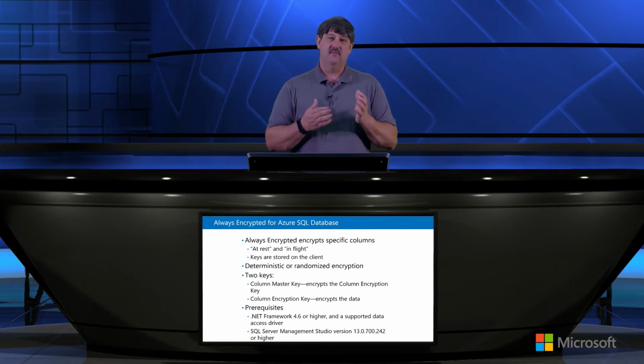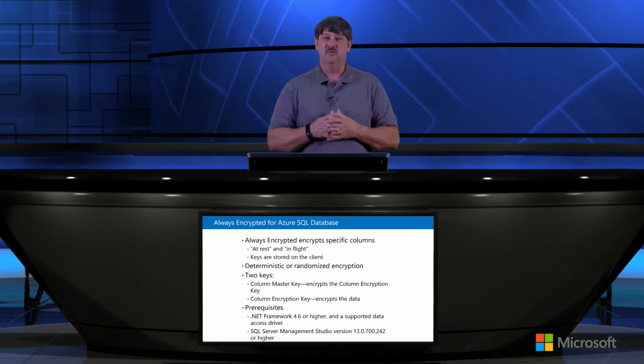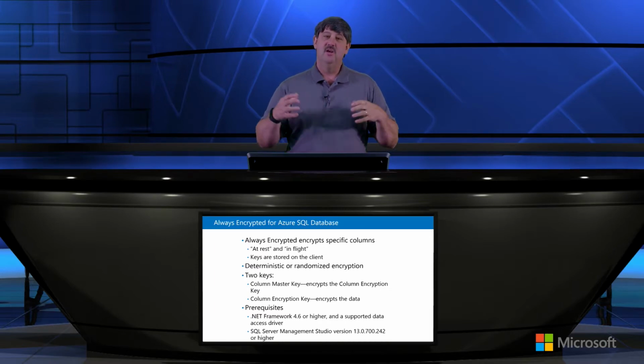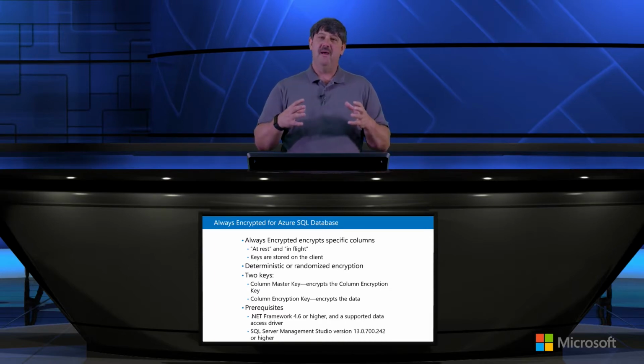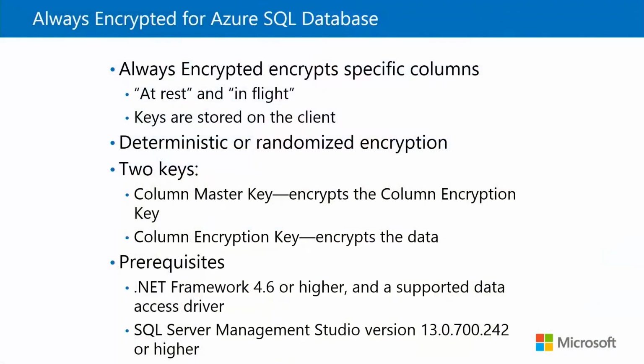There's an ODBC driver, there's a JDBC driver, and there's the .NET driver. You also have to have SQL Server Management Studio 13.0.700.242. It's important to remember that you can download and install this version of the Management Studio for free, and you can run different versions of the SQL Management Studio side by side on the same machine.